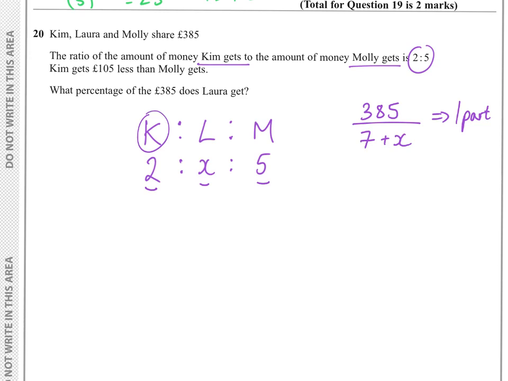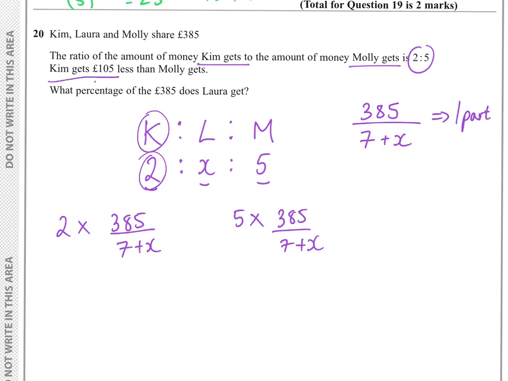Now we know that Kim got 2 parts, so she had 2 lots of 385 over 7 + x. And Molly, well, she had 5 of those parts, so I'll write that the same way. But Kim gets £105 less than what Molly had.